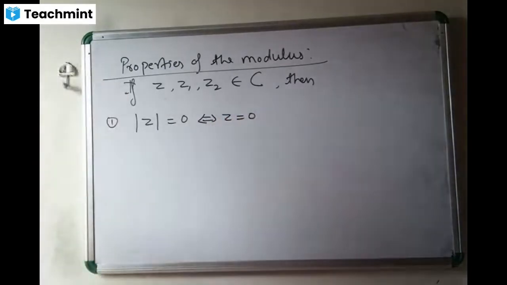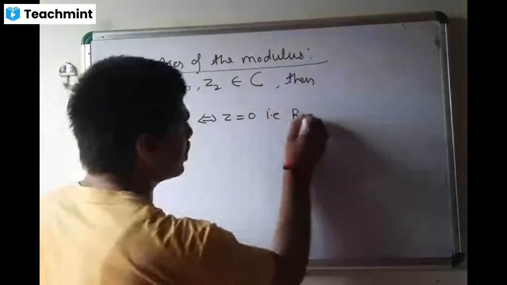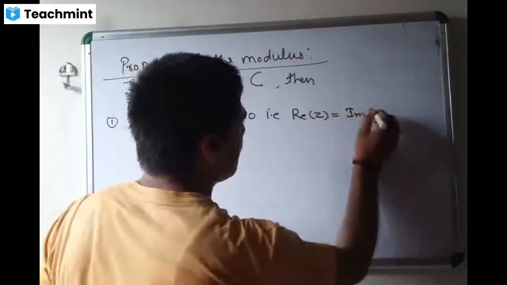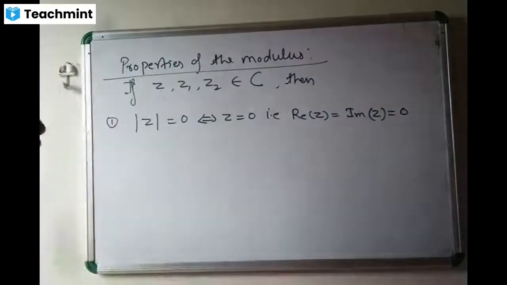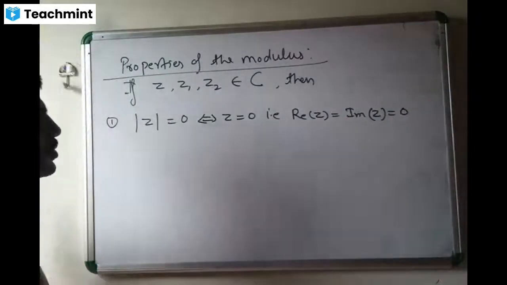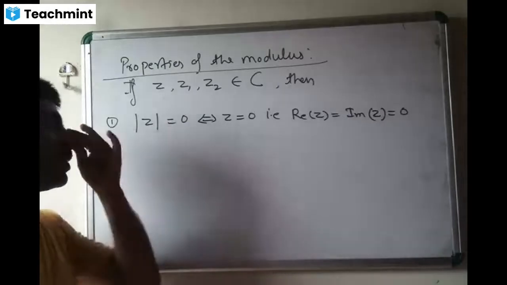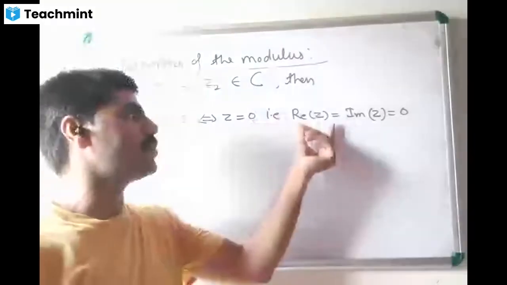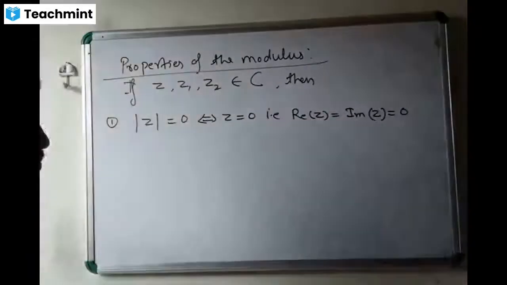That is, the real part of the complex number is equal to the imaginary part is equal to 0. Means if the modulus of the complex number is 0, then the real part and the imaginary part will be 0. Okay.